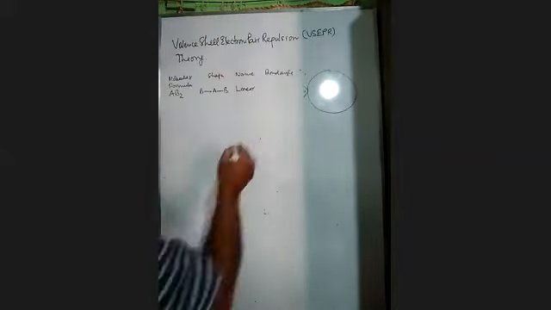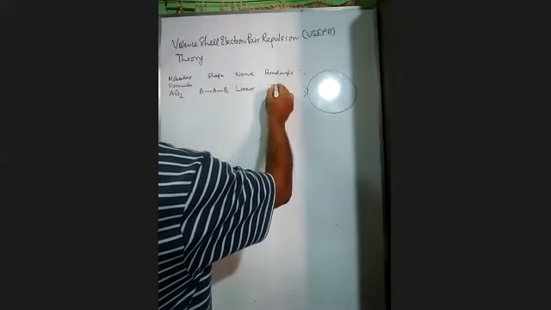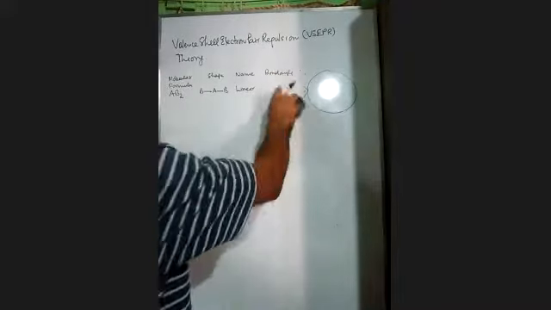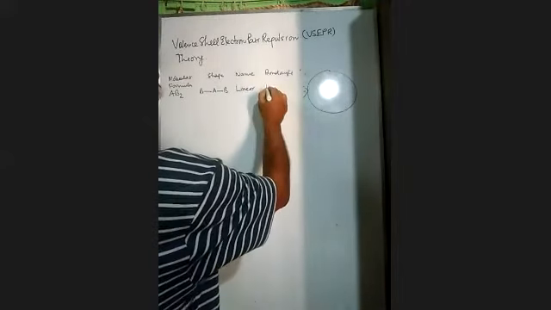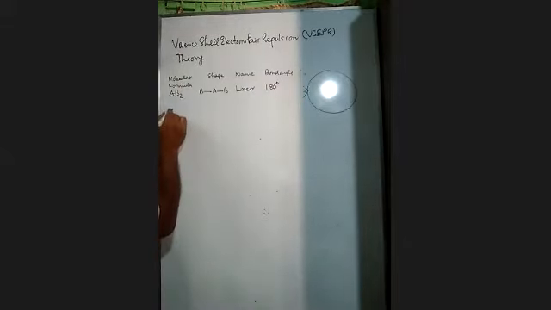We call it linear, or sometimes cylindrical. What's the bond angle? 180 degrees.